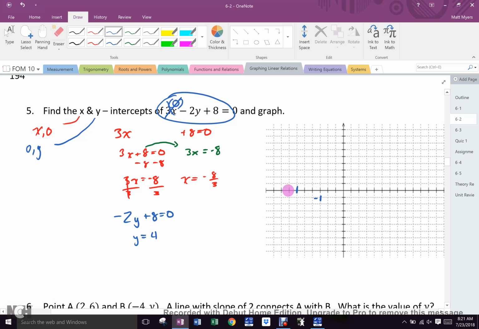This would be our x-intercept, way out here, if we change the scale, because that's negative 2 and 2/3. If I change the scale to that level on the x-axis, will I be able to fit the y-intercept on here? I won't, will I? Because I would need to go up 12 squares, and that won't fit.